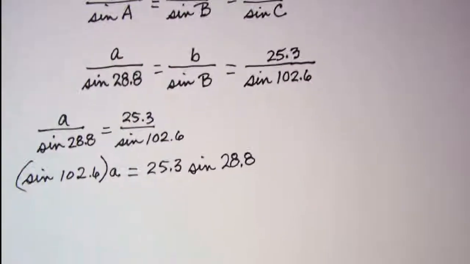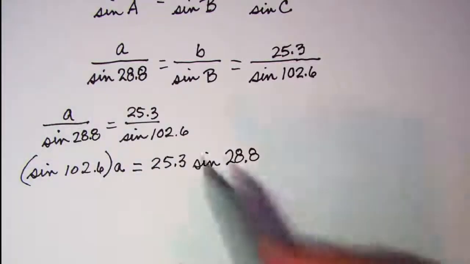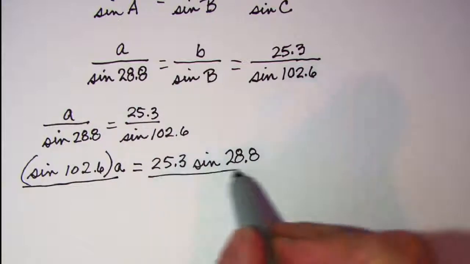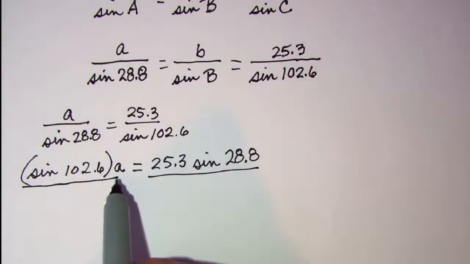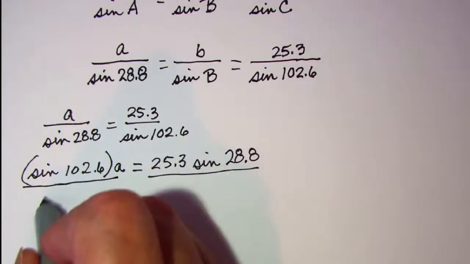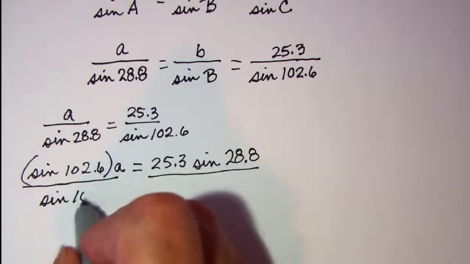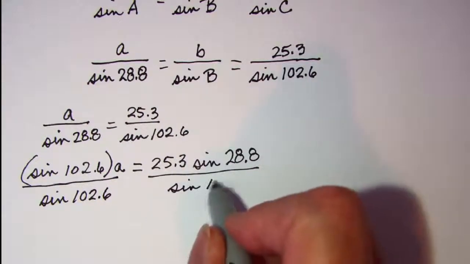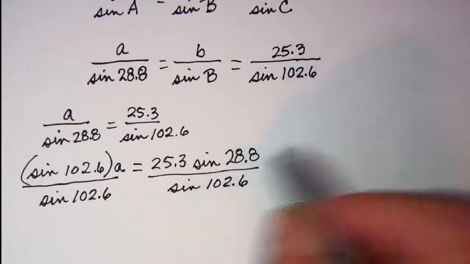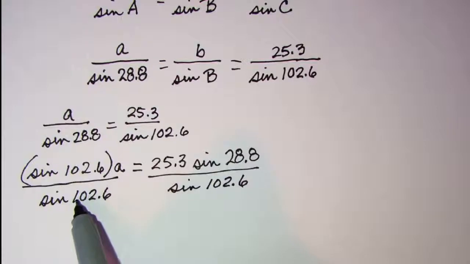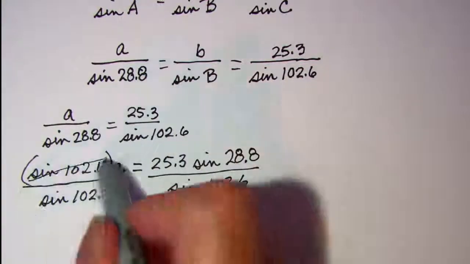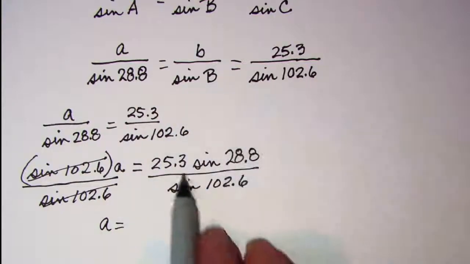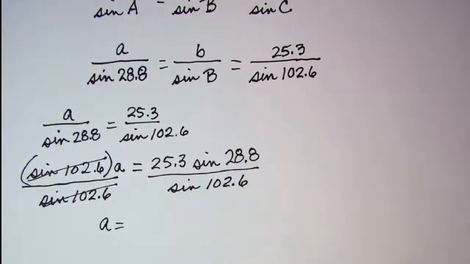Now before I grab my calculator and start doing any of the math, I'm going to isolate my a by dividing both sides by the sine of 102.6. So this factor cancels, and we have a is equal to, and now we're ready to just put that in the calculator.